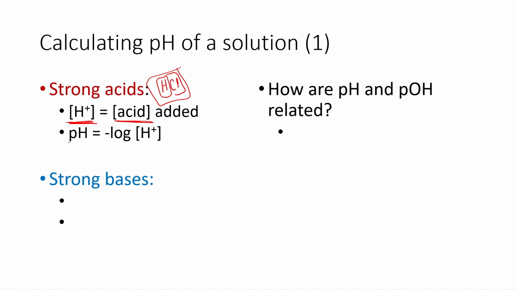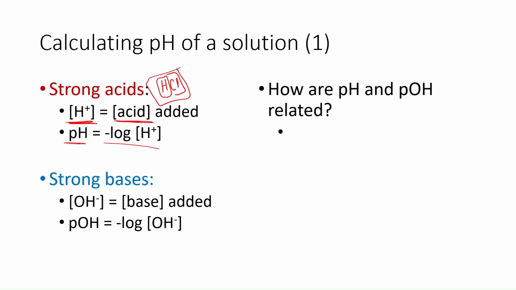And so to calculate the pH from there, you can straightforwardly use the equation that we mentioned, which is minus log of the concentration of protons. For strong bases, it's similar, except this time instead of considering the concentration of protons that dissociate, you consider the concentration of hydroxide ions that form. One example of a strong base you might see is sodium hydroxide.